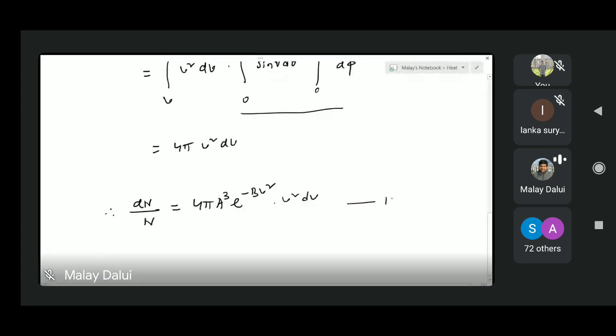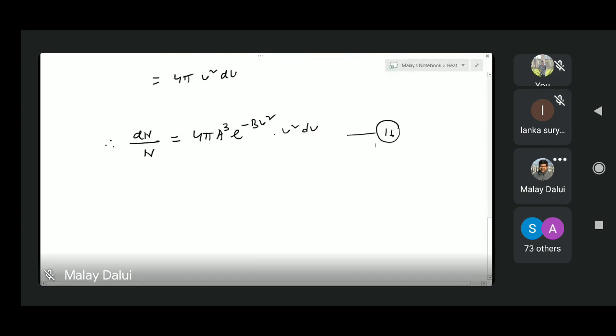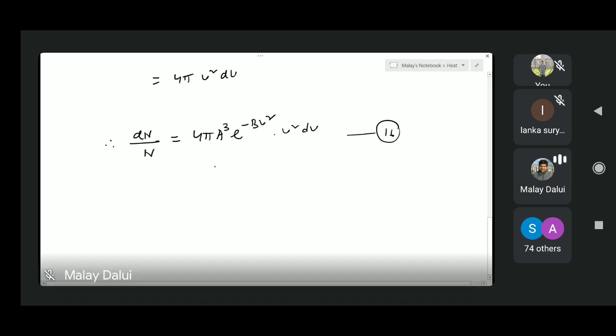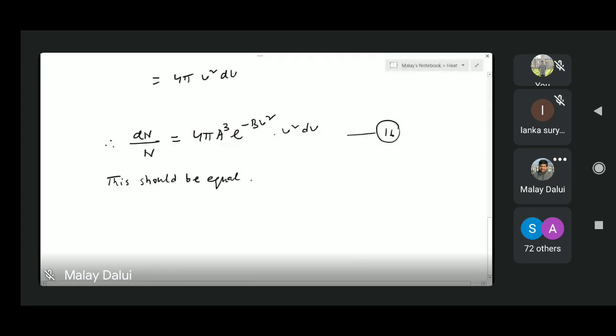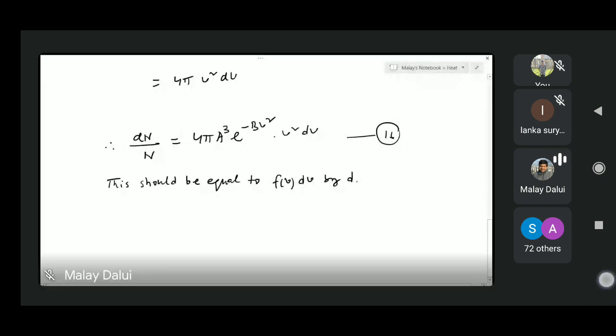That's equation 16. Now from the definition, this quantity should be equal to f of v dv. By definition, this is how we define f of v dv.